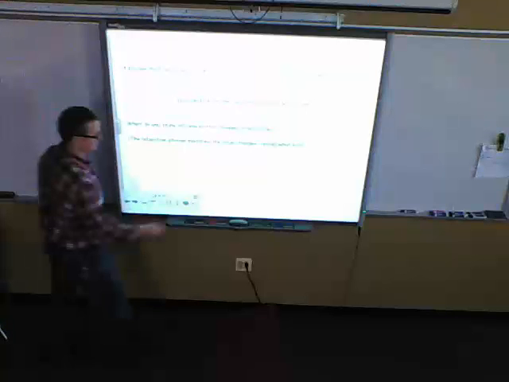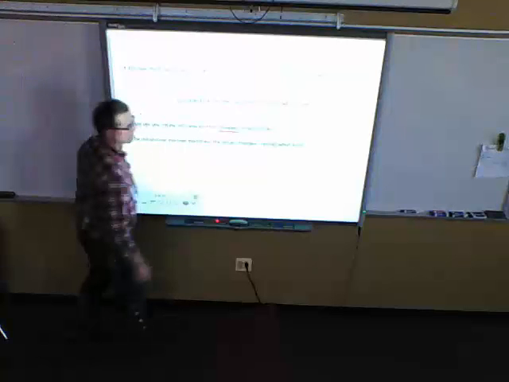The adjective phrase modifies the noun changes. So we've identified our noun, changes. What is the adjective phrase? What phrase modifies changes? What phrase answers the question, what kind or which one?